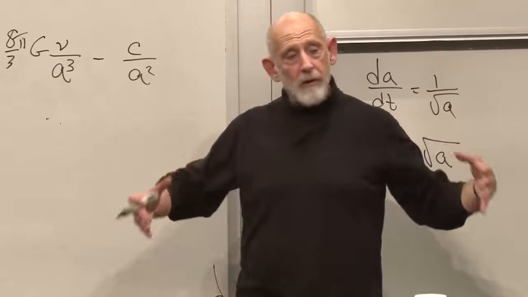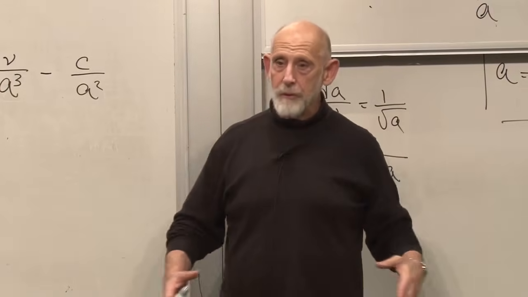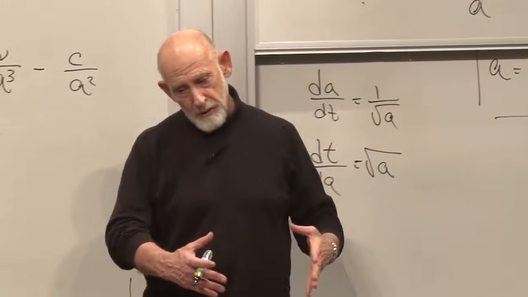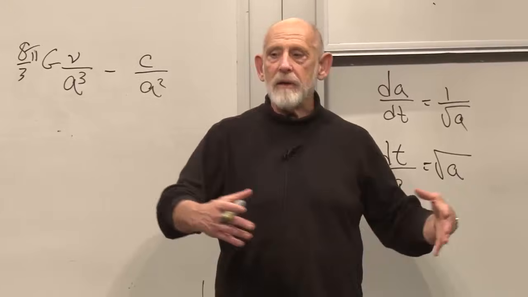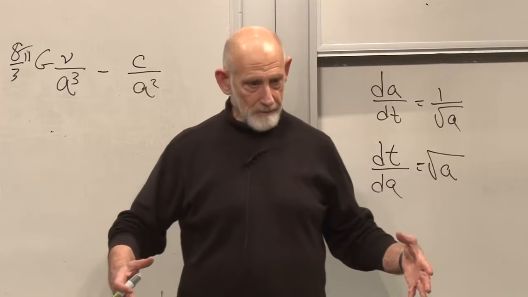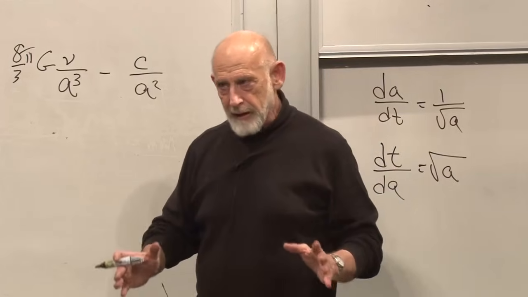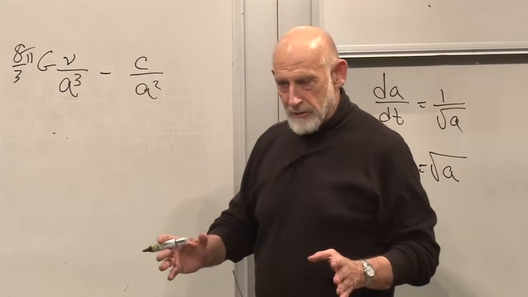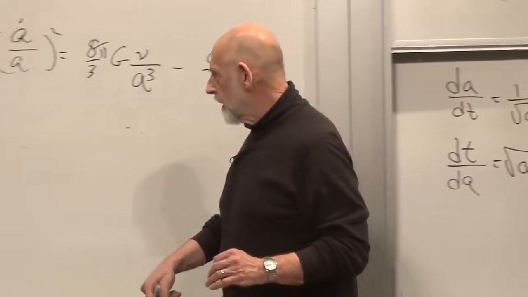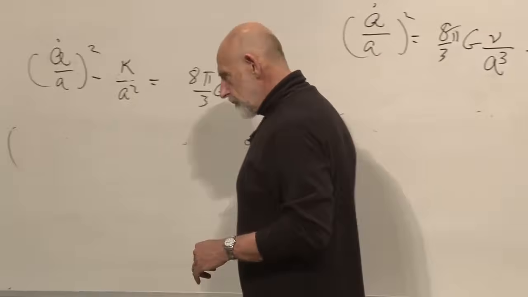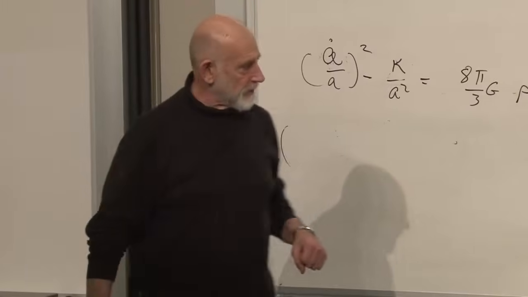In other words, the photons stretch along with the universe. If you like, you can just think of the space stretching, and with it, the photon wavelength stretches. Let's leave it at that for tonight. Let's just examine the consequences of it.